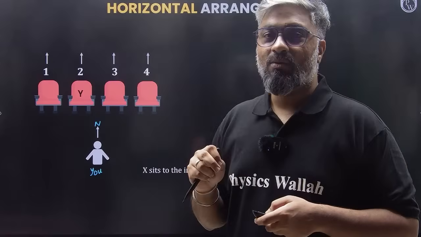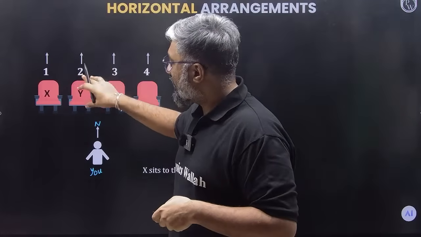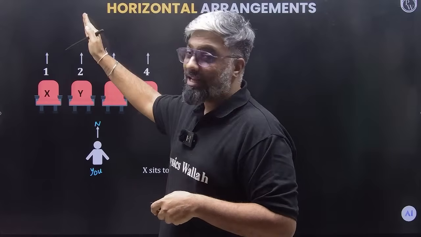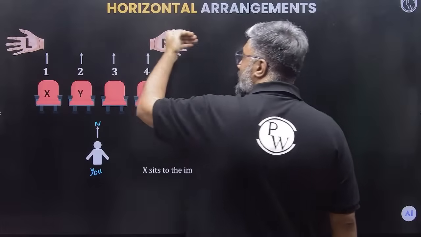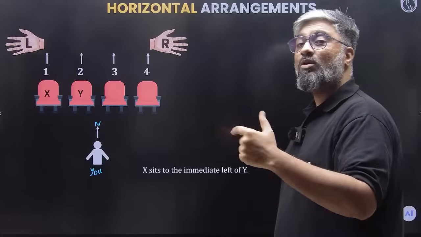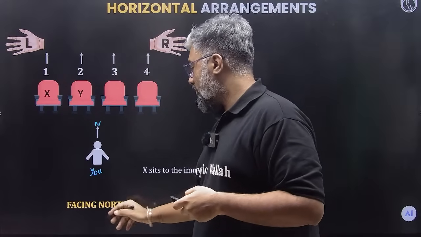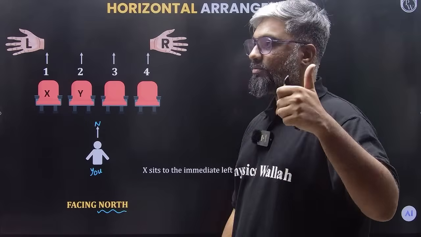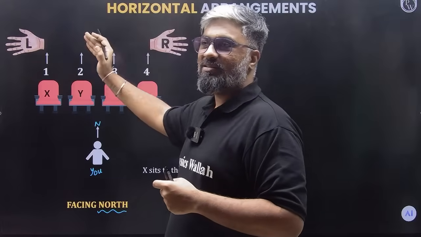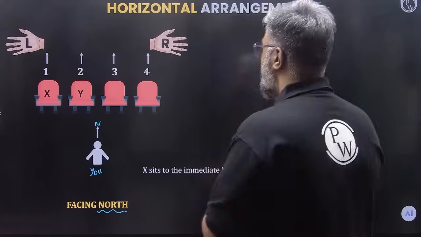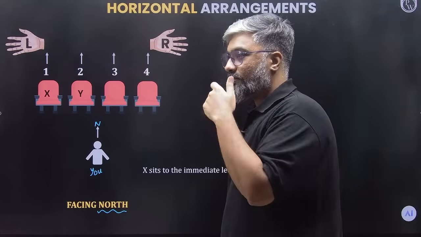The second thing you can do is use a simple rule of hand, which is if this is y and this is the direction in which y is facing, this would be left, this would be right. Now, what is this direction of facing called in linear arrangement? Facing north. Everybody is facing north. So when everybody faces north, this becomes left, this becomes right. Are we good? So this is north, left, right. Good to go?